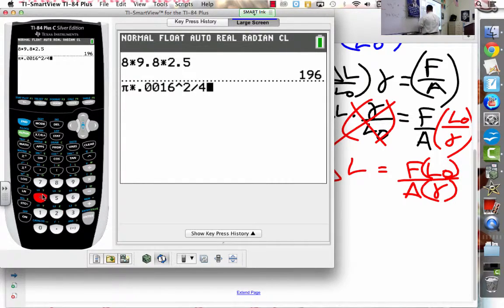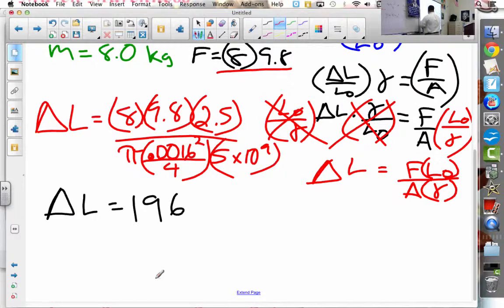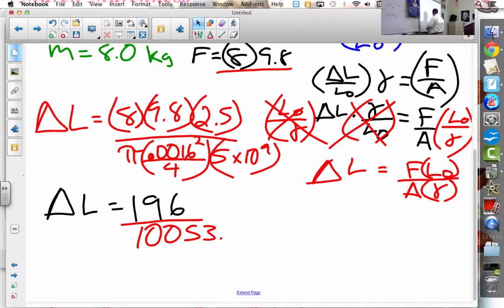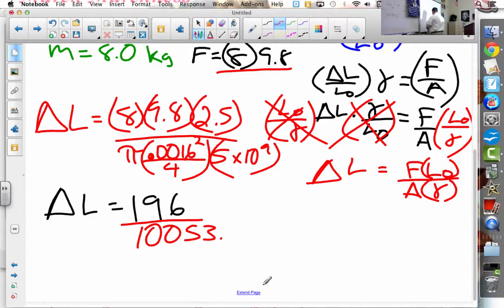I'm going to divide that by 4. That's my area. And then I have to multiply that by 5 times 10 to the 9th power. So I get 10,053.1, we'll just round.